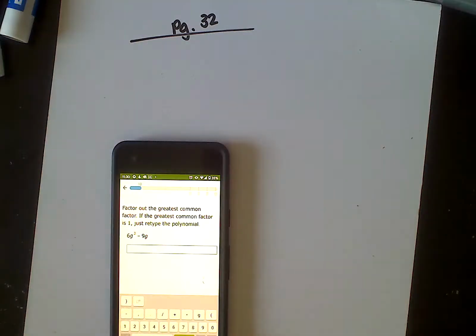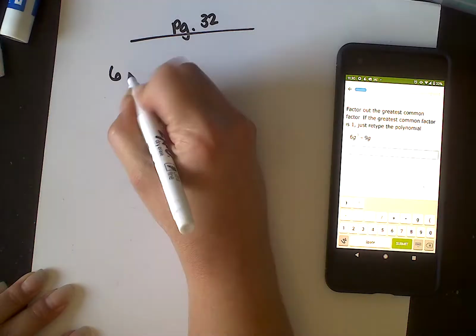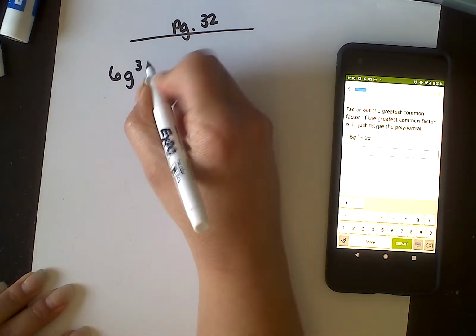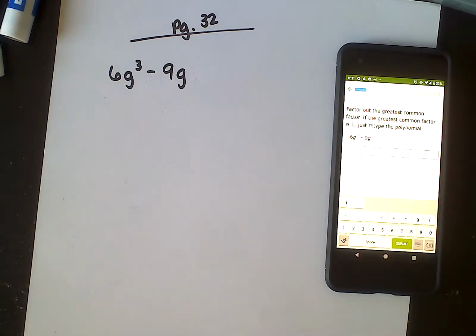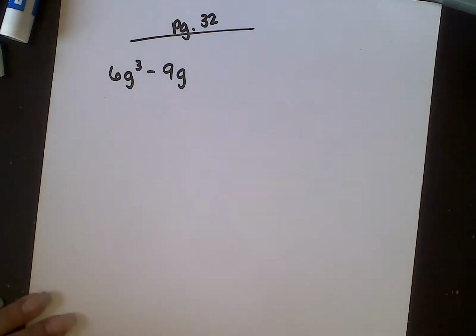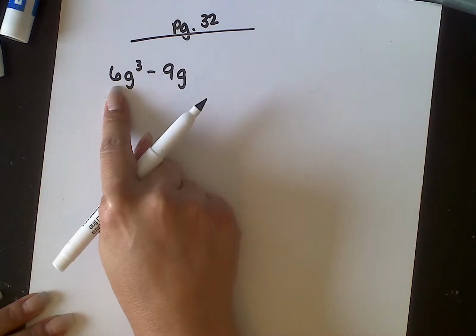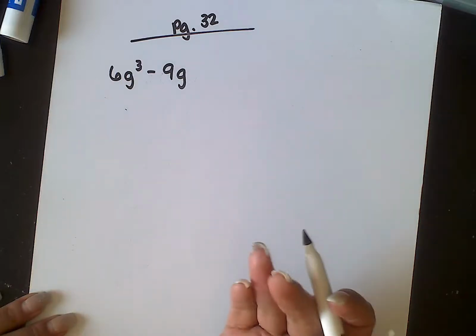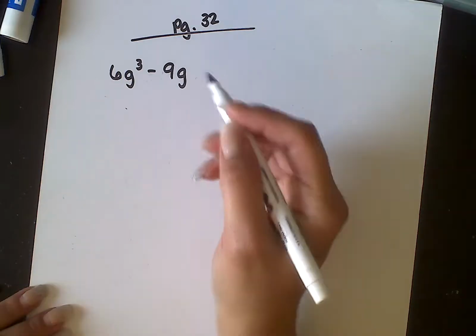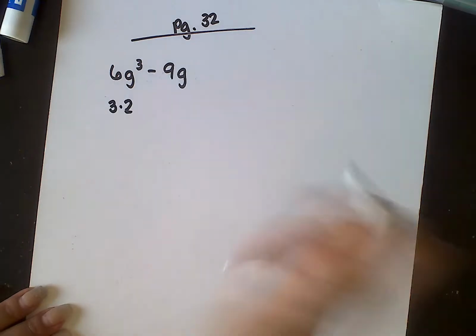So let's try this one out. Here we have 6g cubed and then minus 9g. Now, if you wanted, we could expand this out again. Now, noticing here, this 6 is again composite. So I want to break down the 6 into prime numbers, which would be 3 times 2.